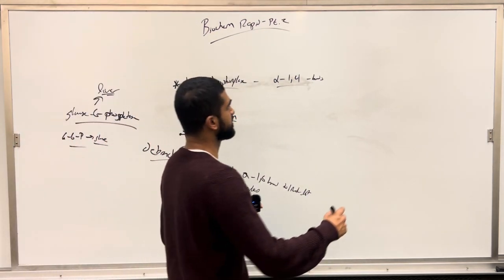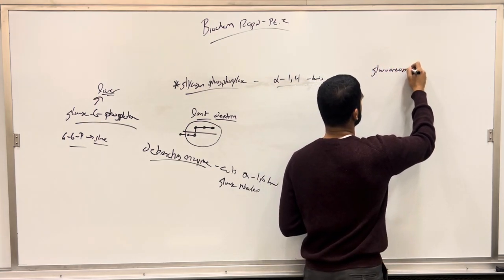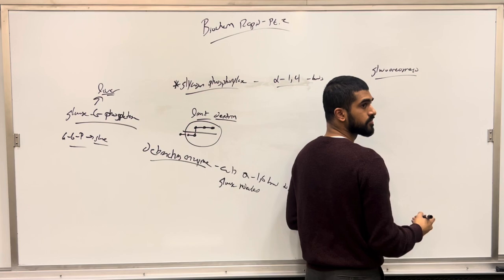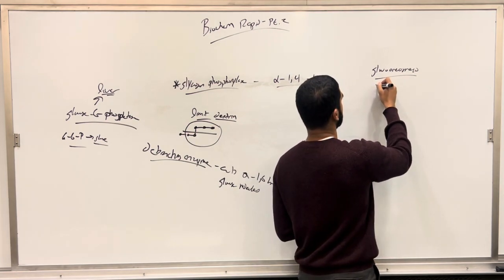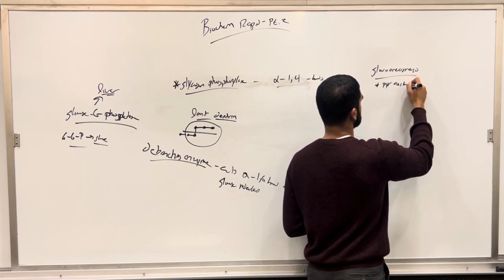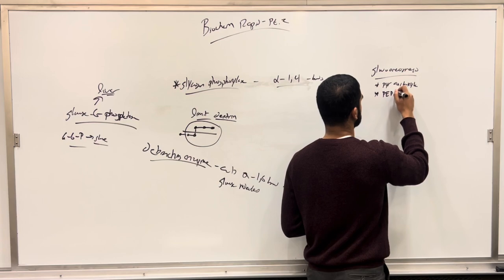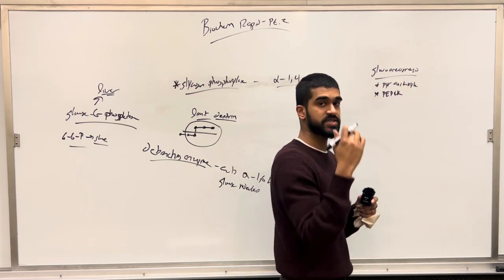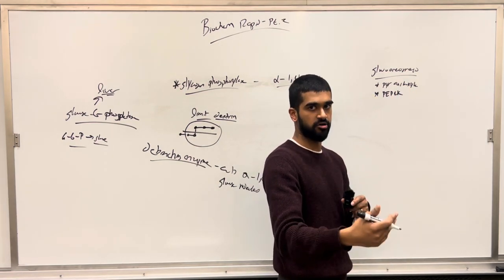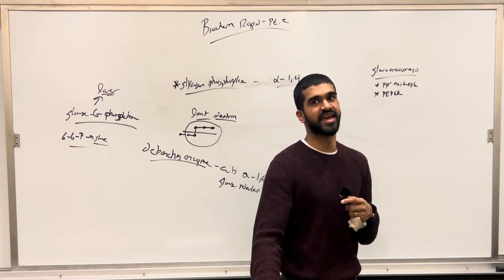So just as a side note, gluconeogenesis, right? Remember, what are the important enzymes? We have pyruvate carboxylase, PEP carboxykinase. What does PEP stand for? Phosphoenolpyruvate. So this is phosphoenolpyruvate carboxykinase, PEP-CK.